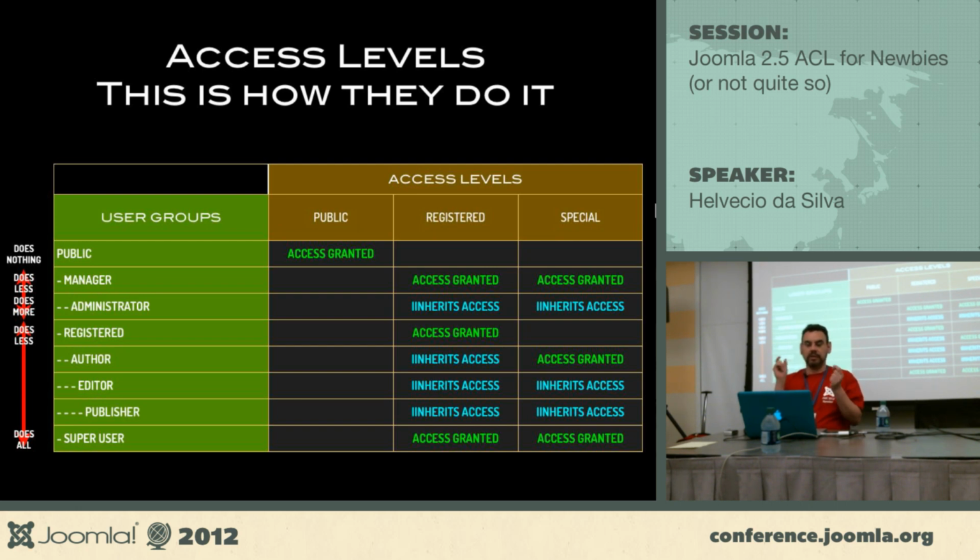So for example, if you look at the screen, manager has more permissions to do things in the system than the publisher, for example. So I started to understand how things worked, who had access and who had not, and who was inheriting access, etc.